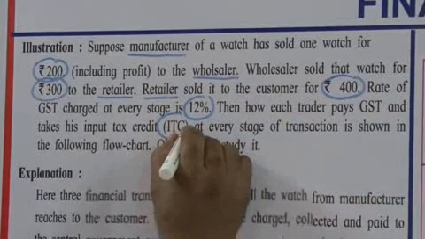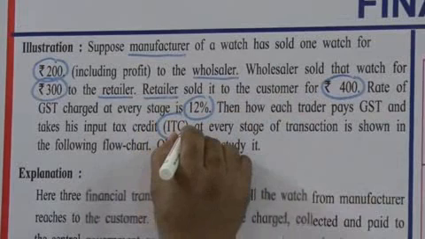Therefore, there are 3 types of transactions there. Now the rate of GST is 12%. Here the 3 financial transactions took place till the watch from the manufacturer reaches the customer.